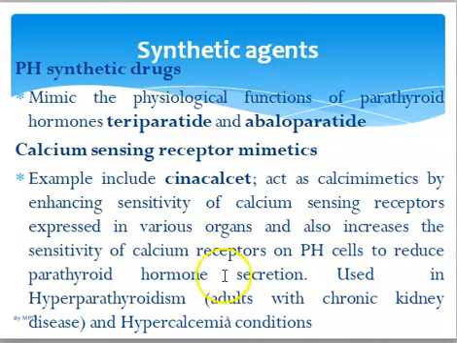Because if the receptors sense that there is high calcium in the blood, there is no way they will activate osteoclasts to release calcium from the bones. This one is used in hyperparathyroidism, mostly in adults with CKD, chronic kidney disease, and may also be used in hypercalcemia conditions.